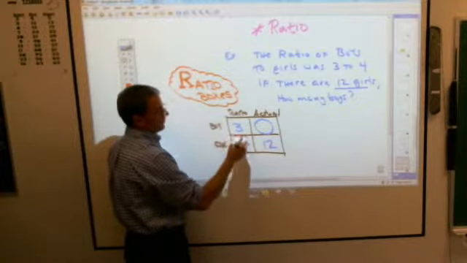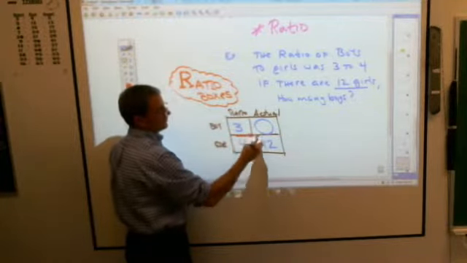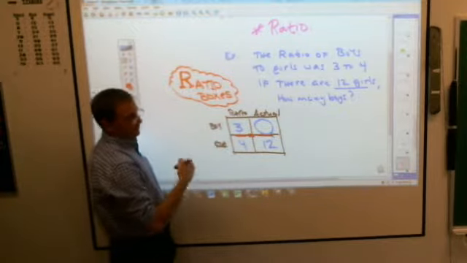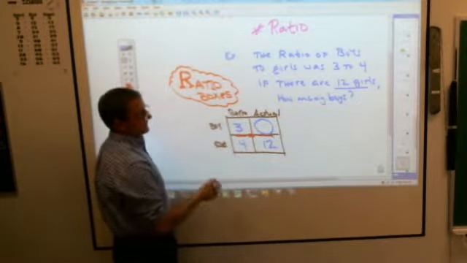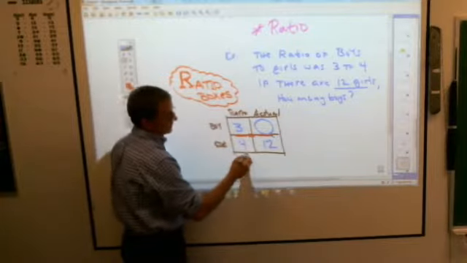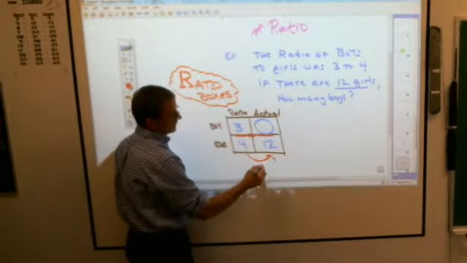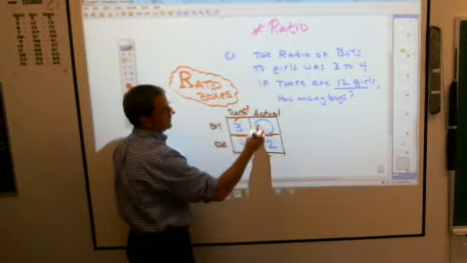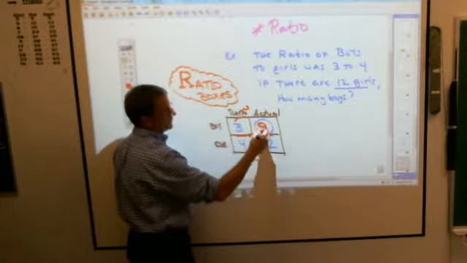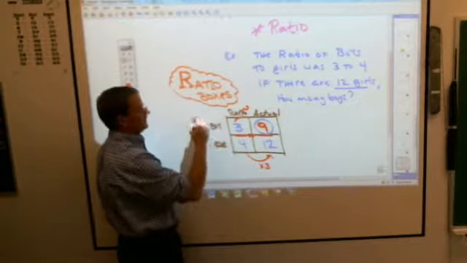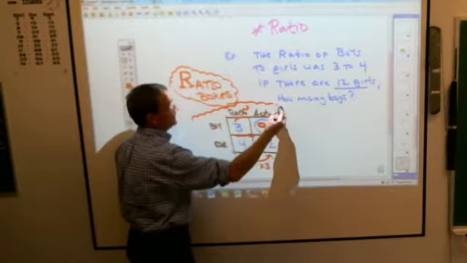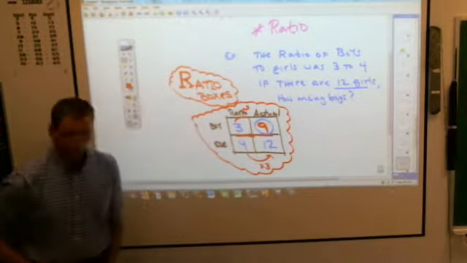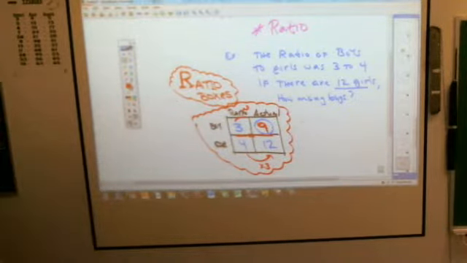This fraction 3/4 has to equal this fraction over here. To make equal fractions I just go 4 times what is 12? 3. So 3 times 3 is 9. And there is my ratio. Whether you can do that in your head doesn't make so much of a difference to me.